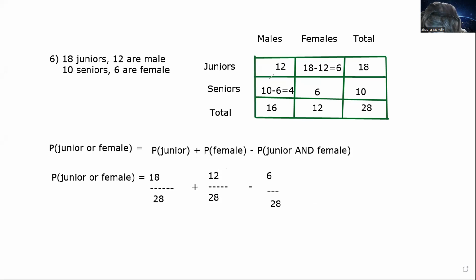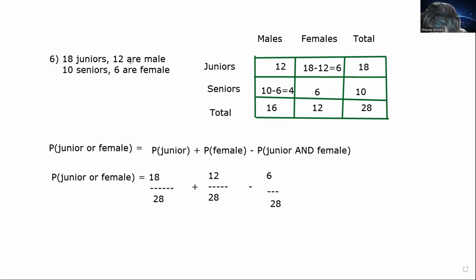And that's because we counted these 18, this first row, and we counted these 12. Well, we counted 6 twice. So if I subtract, 18 plus 12, that's 30, minus 6 is 24. So this becomes 24 over 28, okay? Let me show you that on the calculator.